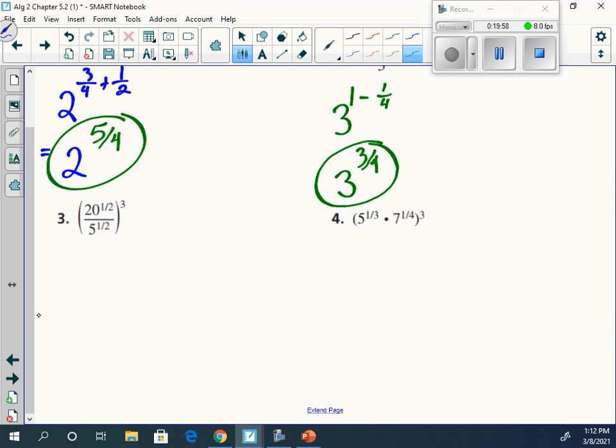All right. Any questions on these first two? Any questions on these first two here?